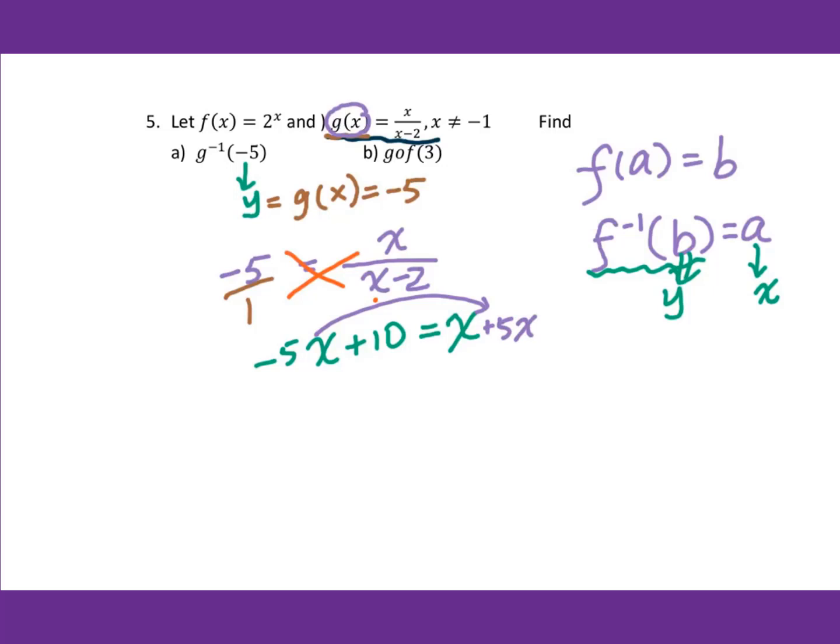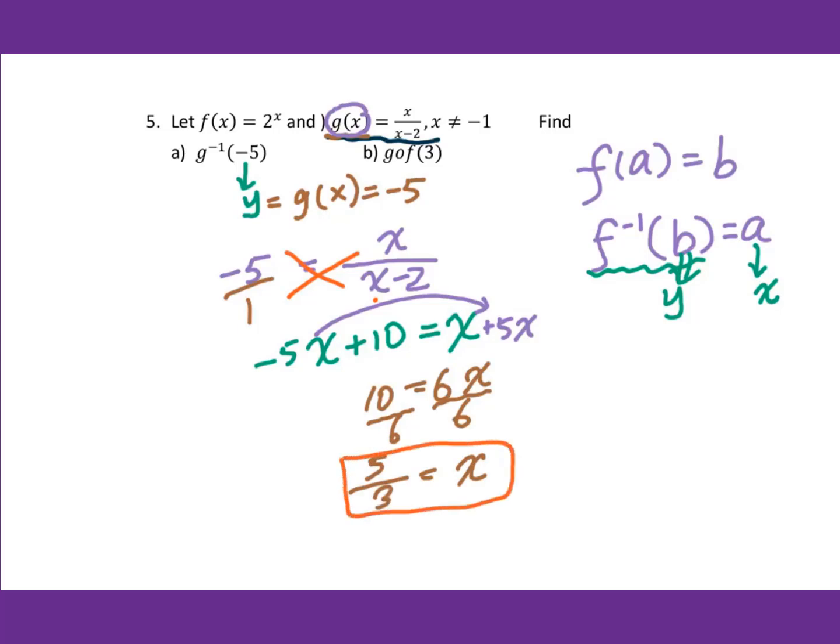You will get 10 equals 6x. Then divided by 6, you got x equals 5 over 3. That means inverse g of negative 5 equals 5 over 3. Therefore, when you're working on inverse f of b, you just plug b into y, then solve for x.